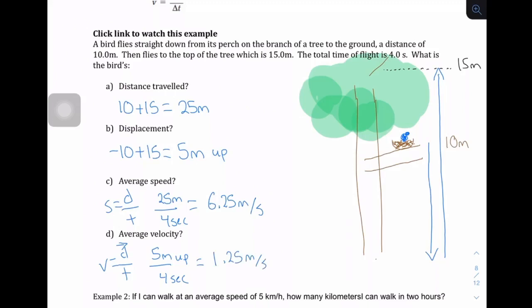And then we're still identifying our direction, which is up. So this example goes through the difference between distance and displacement, and then the difference between speed and velocity.